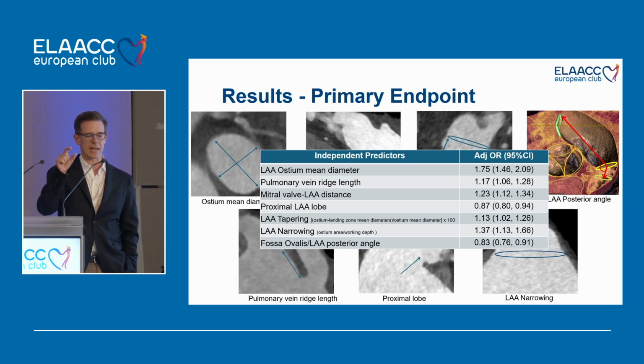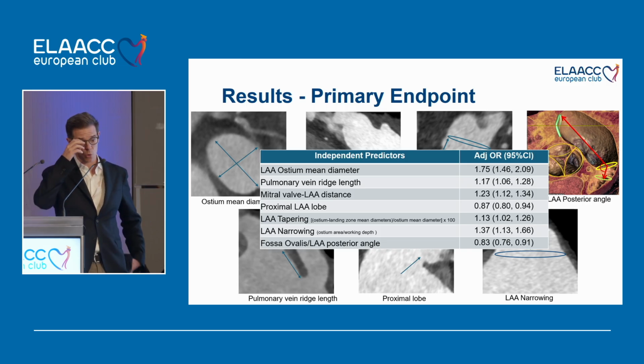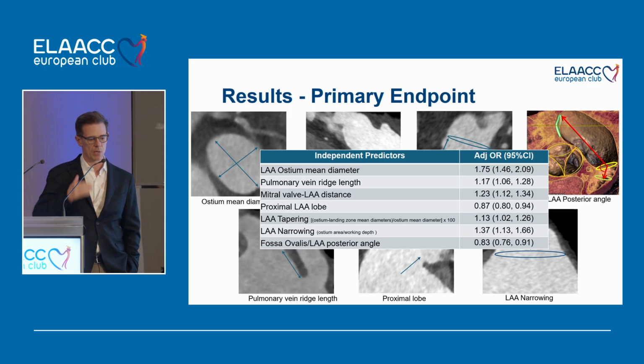Remember that we had the implant depth as a part of the primary endpoint, and of course if you have a proximal lobe you try to place the device much more proximal. This is why the odds ratio is below 1. Then LAA tapering, LAA narrowing, and the fossa ovalis and LAA posterior angle was also predictive.